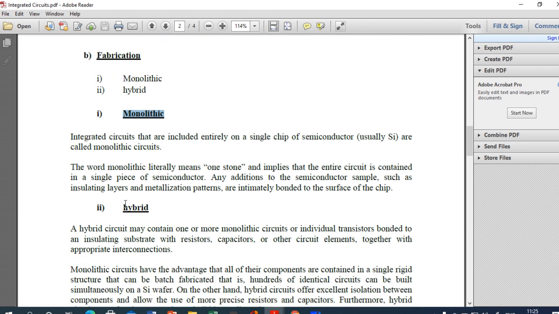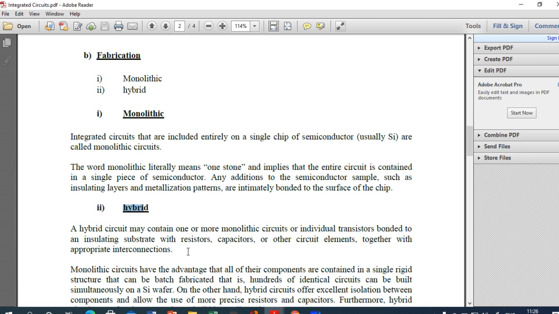When it comes to the hybrid, a hybrid circuit may contain one or more monolithic circuits or individual transistors bonded to an insulating substrate with resistors, capacitors and other circuit elements together with appropriate interconnections. Now I can say that hybrid is nothing but it is manufactured using two or more monolithic circuits.